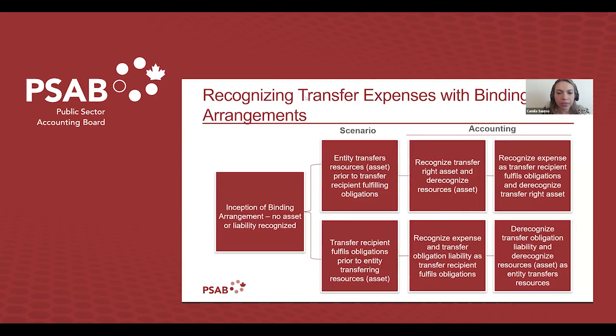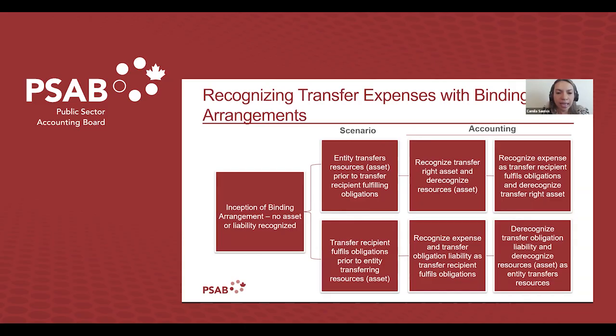The transfer rights and transfer obligations under a wholly unsatisfied binding arrangement are interdependent and inseparable. The combined transfer rights and transfer obligations constitute a single asset or liability that is measured at zero. A binding arrangement is wholly unsatisfied if both of the following criteria are met.